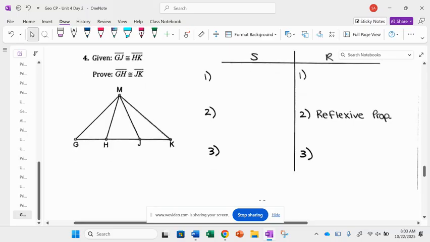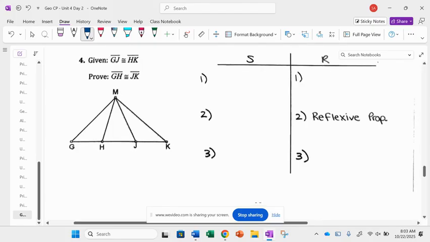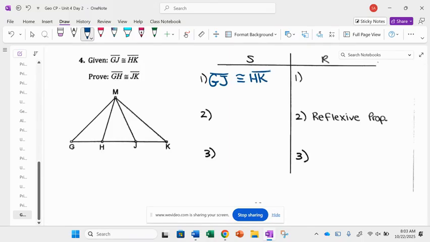All right, number 4. So we're going to write out our given. And then I'm going to mark it.